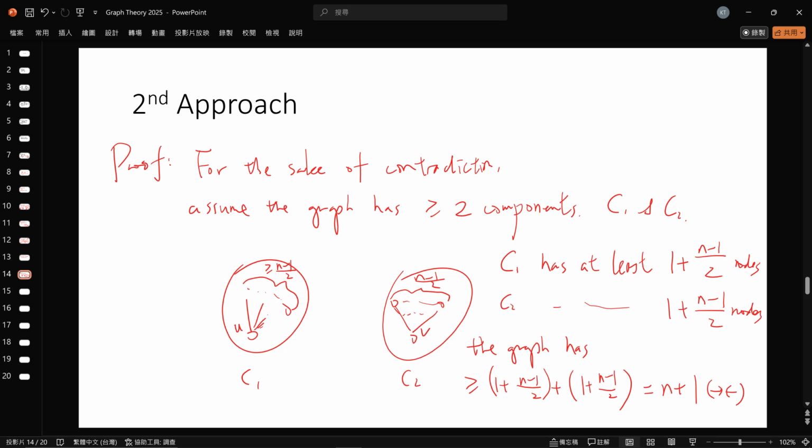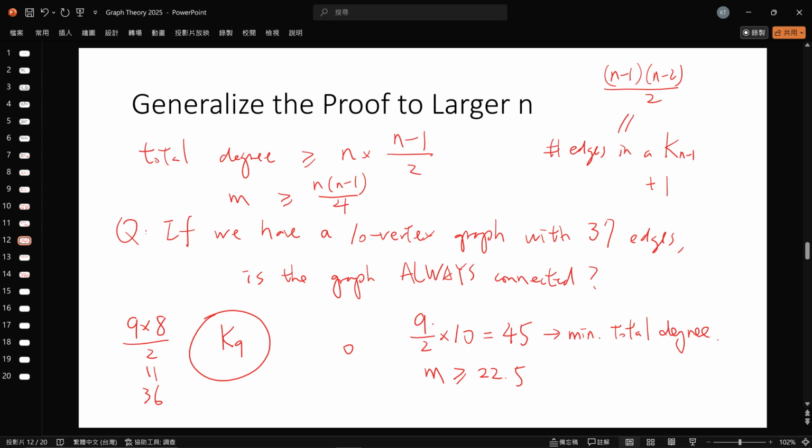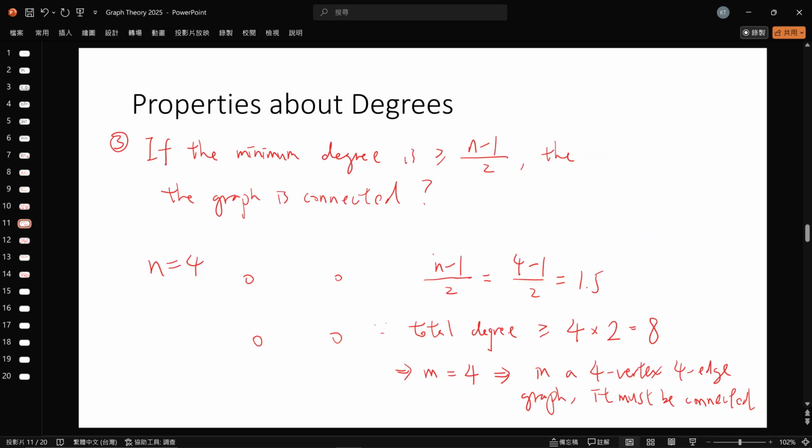So the answer is yes, okay? If the minimum degree is (n minus 1) divided by 2, then the graph must be connected, okay?